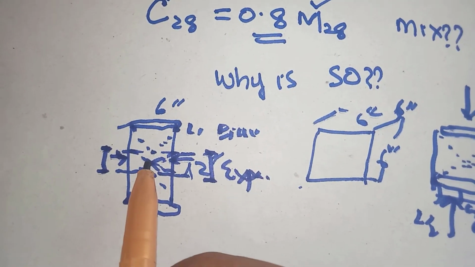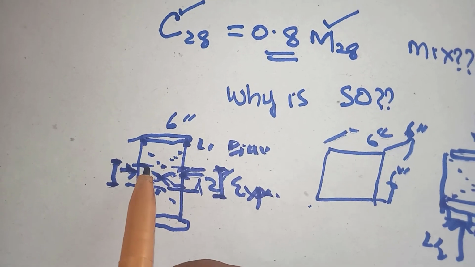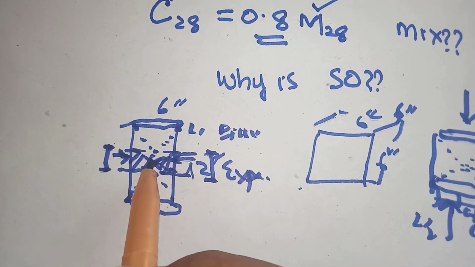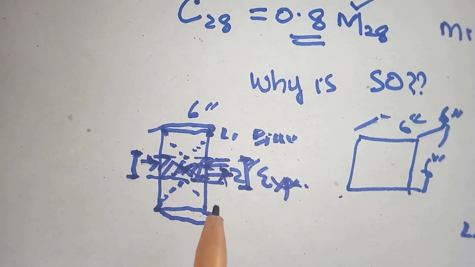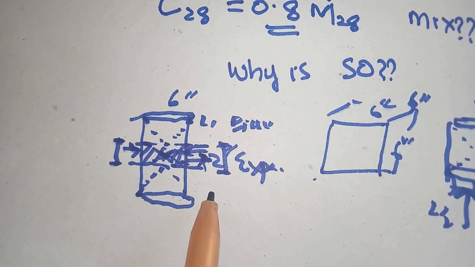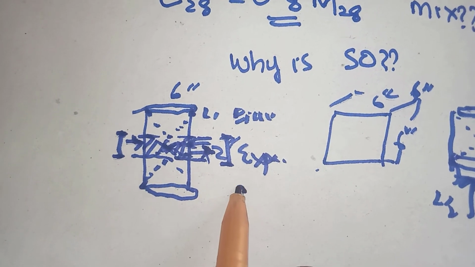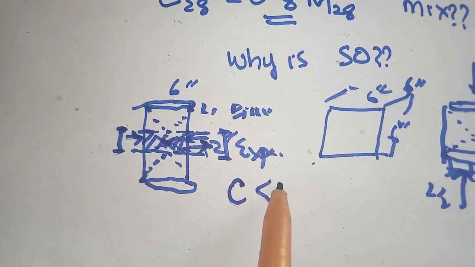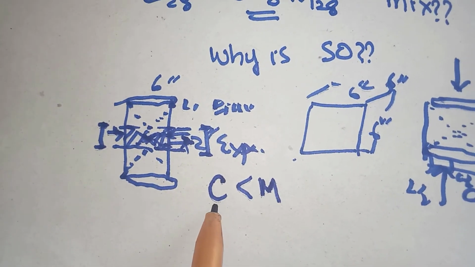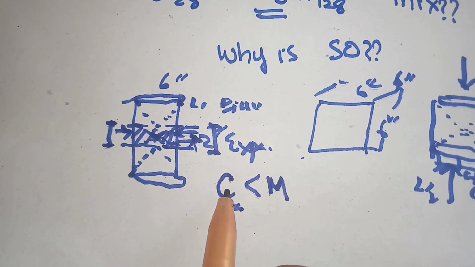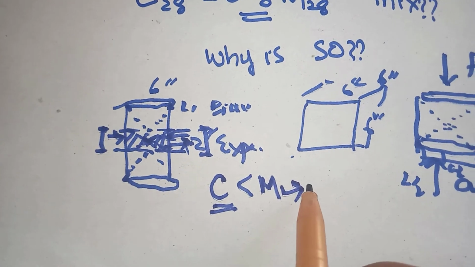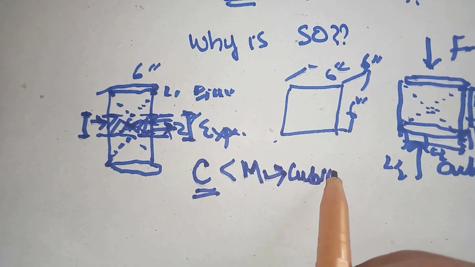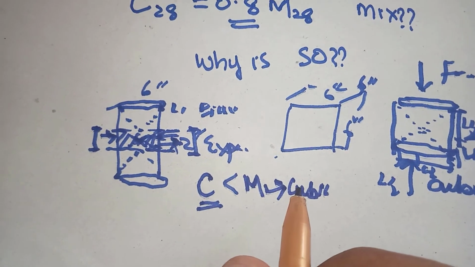That is why in this plane or in this area the sample is free to expand and crushes so quickly. That is the main reason that C is less than M, where C is the cylindrical compressive strength of 28 days and M is the cubical compressive strength of 28 days.